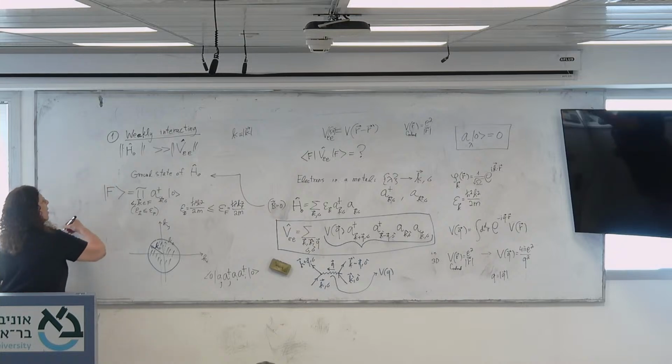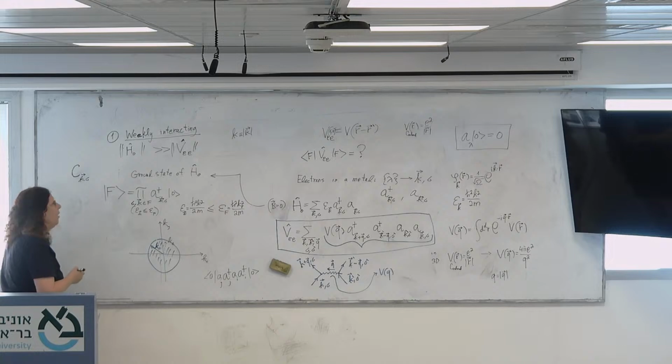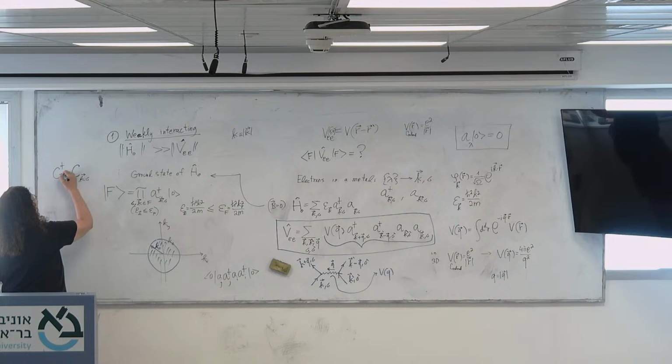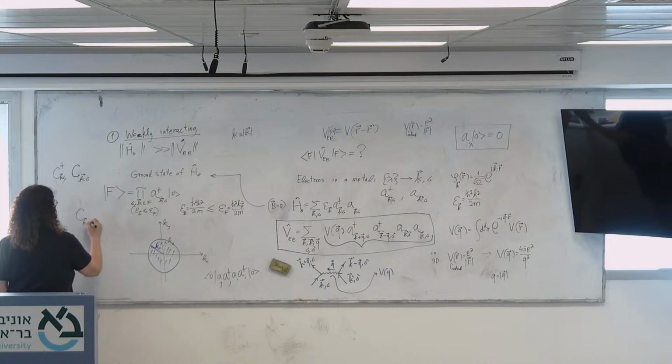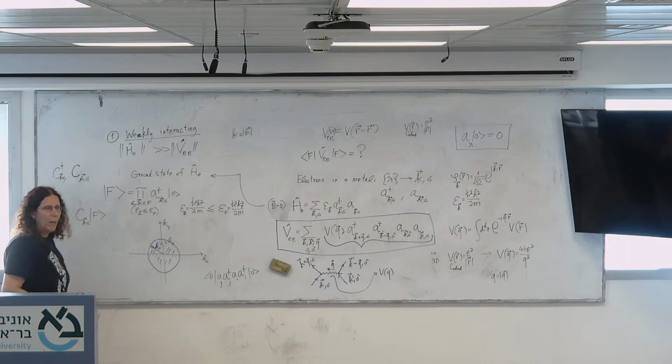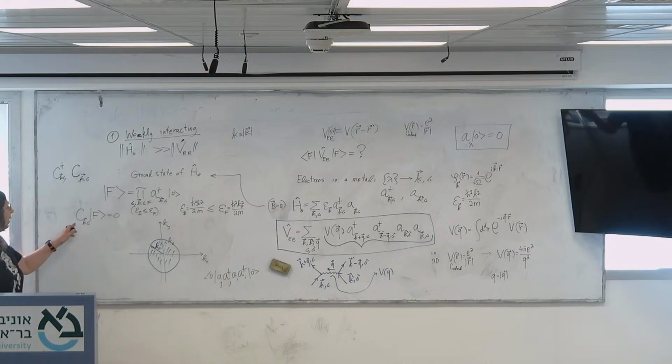What I want is to define now new annihilation and creation operators. I call them C_k sigma, instead of A, C and C dagger. I give them new names in such a way that C_k sigma acting on F, not on the real vacuum, is 0 for any k and any sigma.